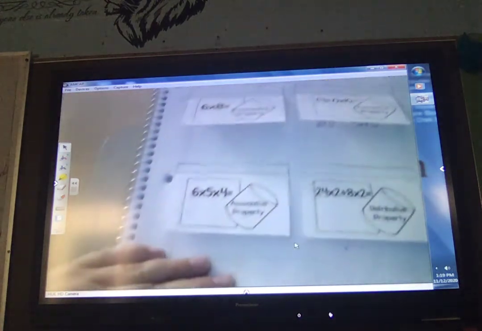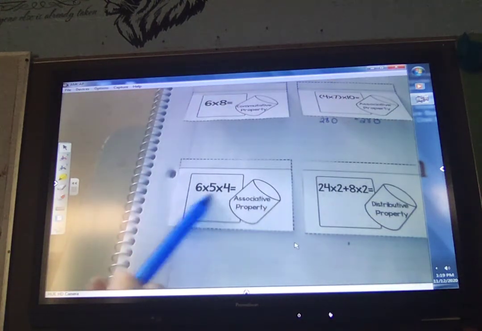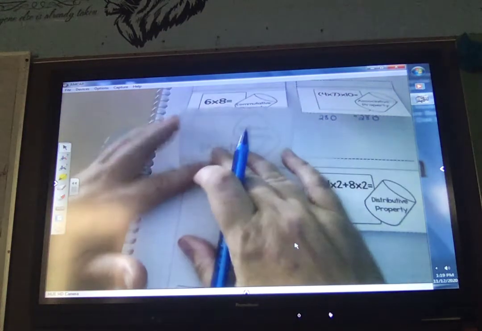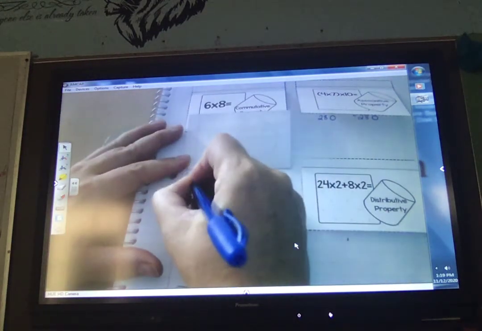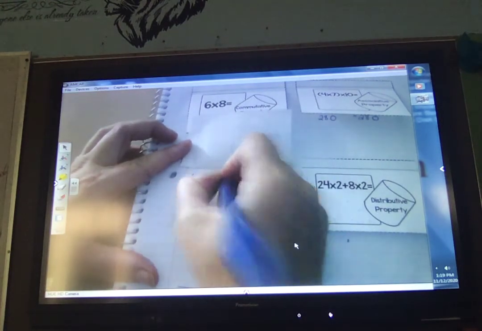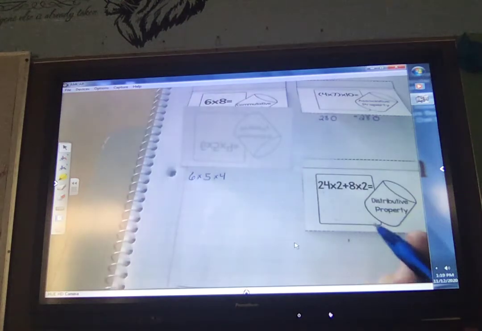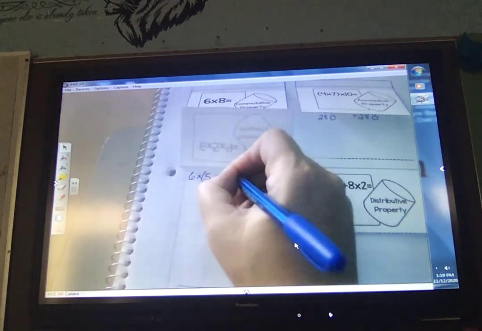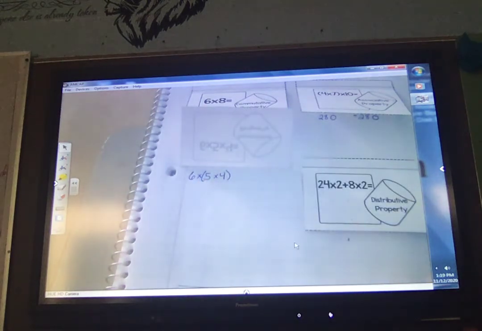Again, we're going to do the associative property, but notice this time they didn't put them in a group, so we're going to pick how we want to group them. So our problem is 6 times 5 times 4. How would you like to group them together? I always like to put the smaller factors together, so I'm going to group the 5 and 4 together.